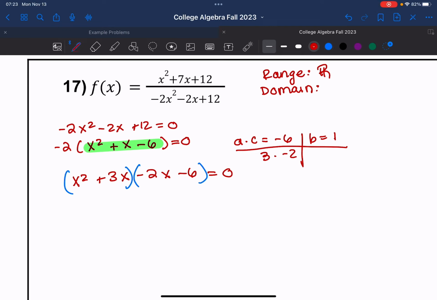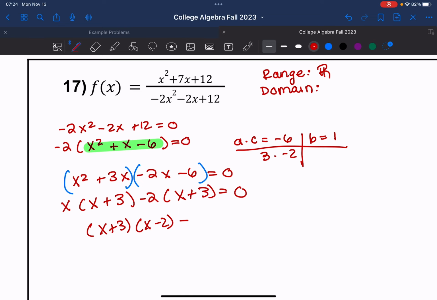And what's the GCF I can take out of the first one? X, so I'm left with x plus 3. And I want my parentheses to match. So what would I take out of the second one? Good, a -2, so I'm left with x plus 3. Okay. That means I have x plus 3 and x minus 2 is equal to 0.